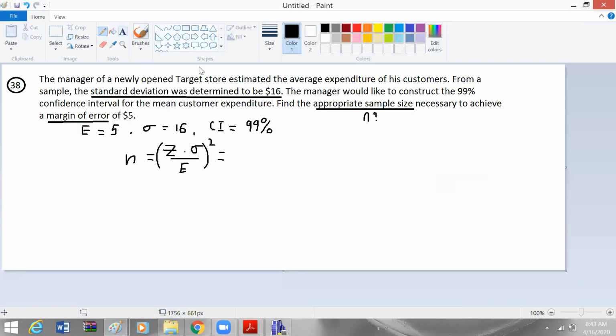We're going to take 2.58, open the parentheses, and then multiply by the standard deviation.